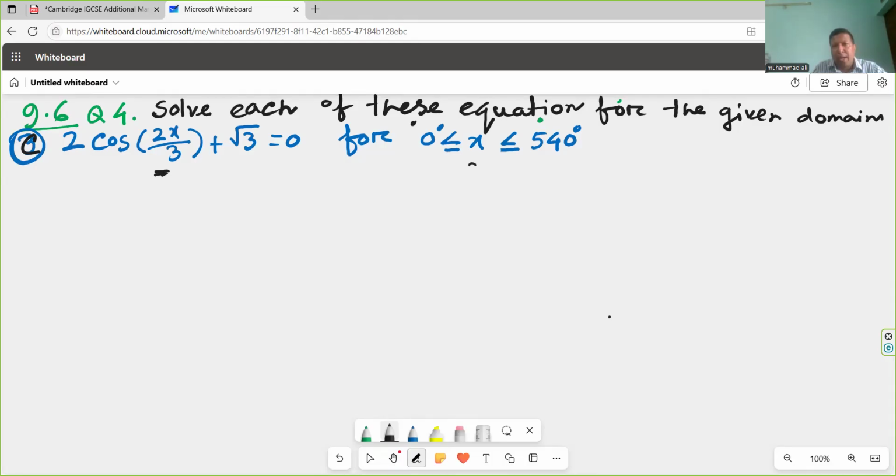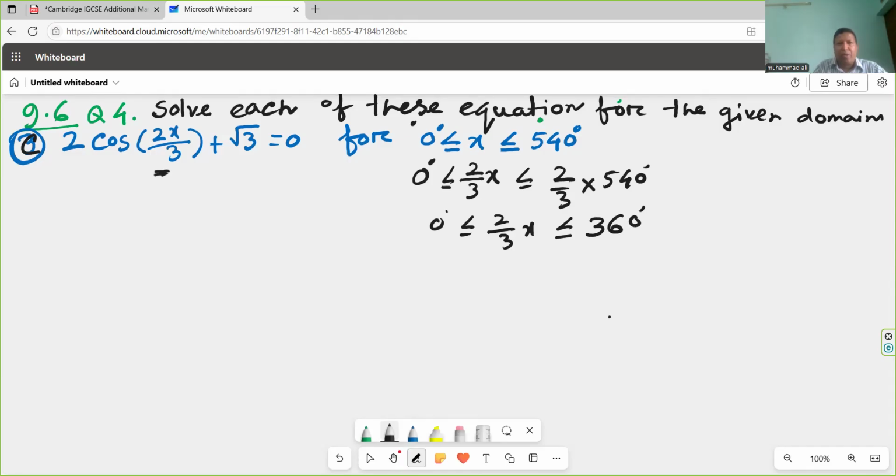So if we multiply here by 2 by 3, and it's also multiplied by 2 by 3, it will be 0. If we multiply here by 2 by 3, 540 degrees. So our final domain will be 2 by 3 x greater than or equal to 0 degrees, less than or equal to 360 degrees.